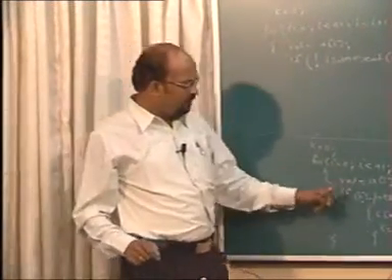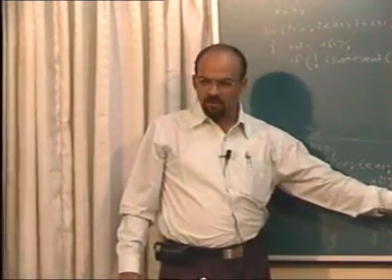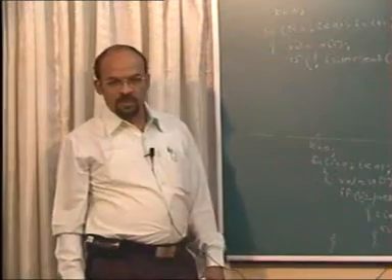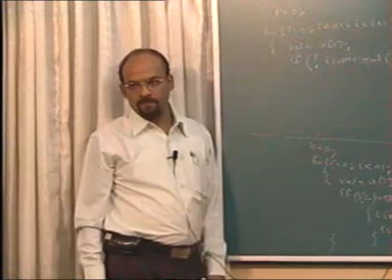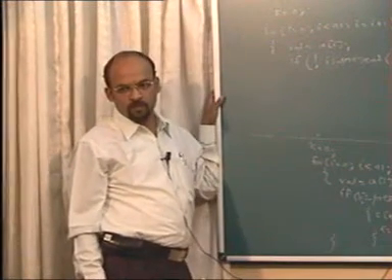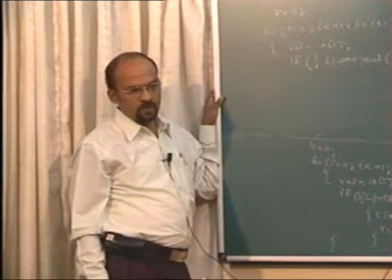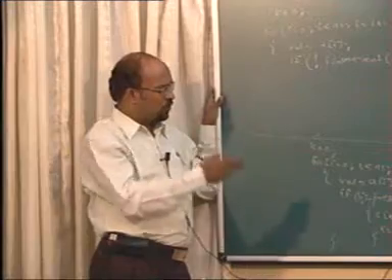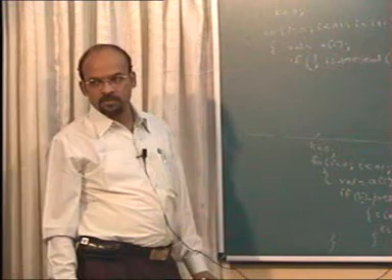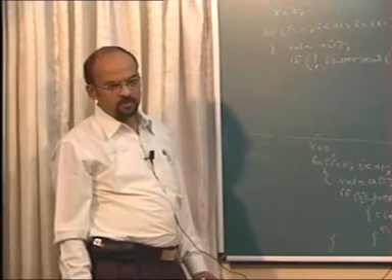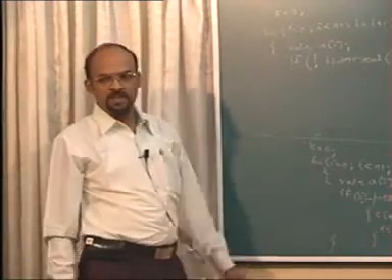You read it: if not is present, means if val is not present in B, copy it. So all the elements of A will be copied to C which are not in B, that is A minus B. Nothing else to write again in this code except for this not. Once you attach a not, the same code will give you the other answer. For A minus B like this, for B minus A the reverse: pick up the element from B and check whether it is present in A.